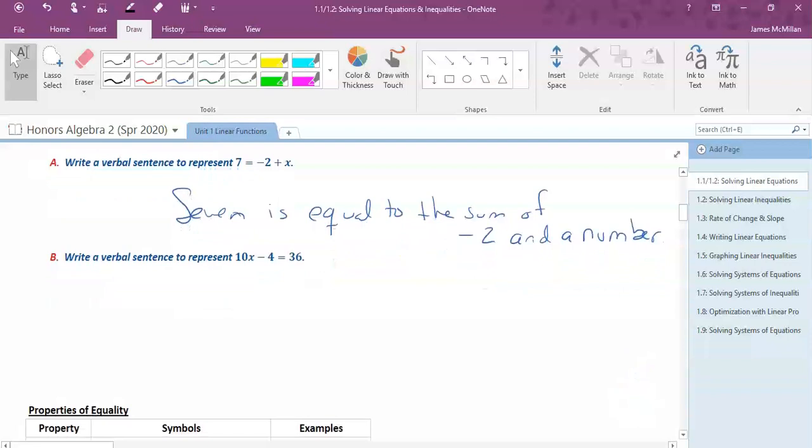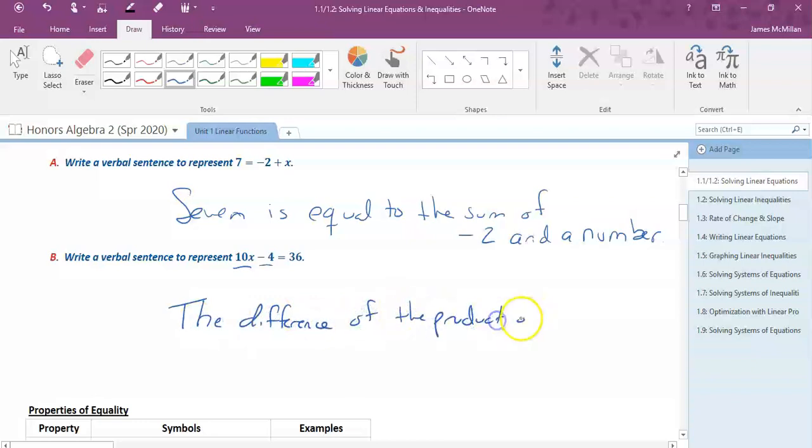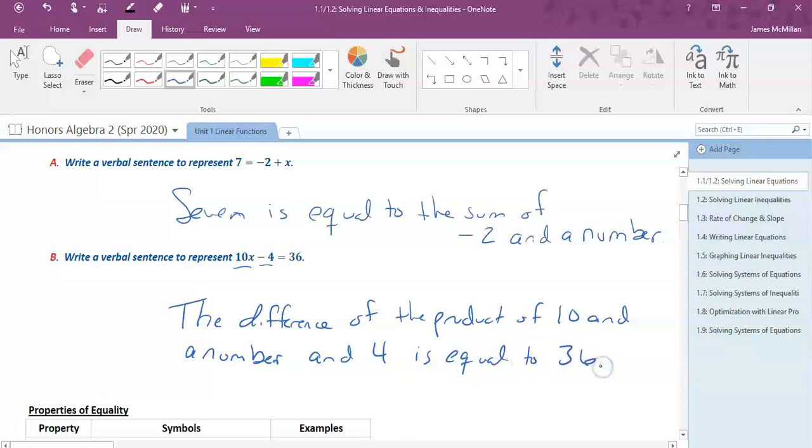Look at the second problem here. We do have a little bit more complicated situation here. We've got a 10x minus 4. So to combine these two, we've got to do a little bit of verbal jujitsu. And so we've got the difference is one route to go. The difference of the product of 10 and a number and 4 is equal to 36.